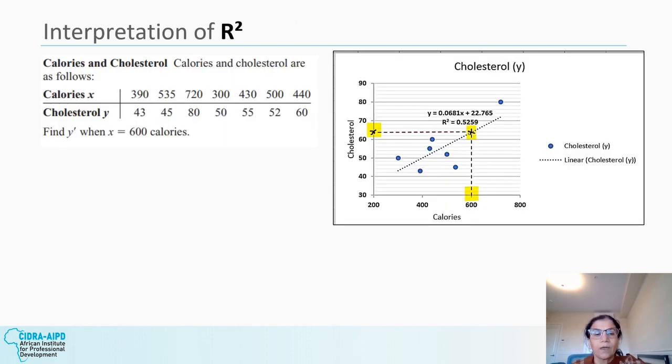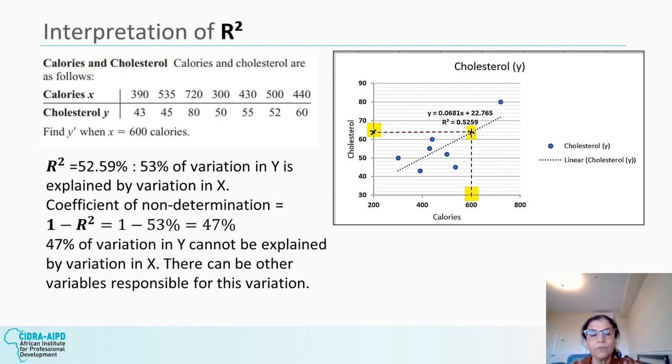So let's see the interpretation of R square for the same example. First we write it as a percentage. 0.5259, we are taking it from here. The approximate percentage will be 53%. It means 53% of variation in Y is explained by variation in X. Using this value, we calculate the coefficient of non-determination.